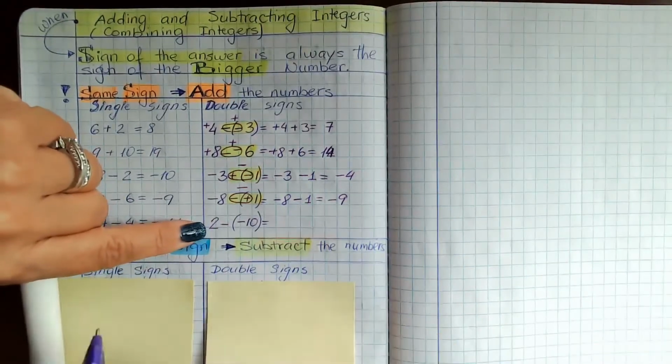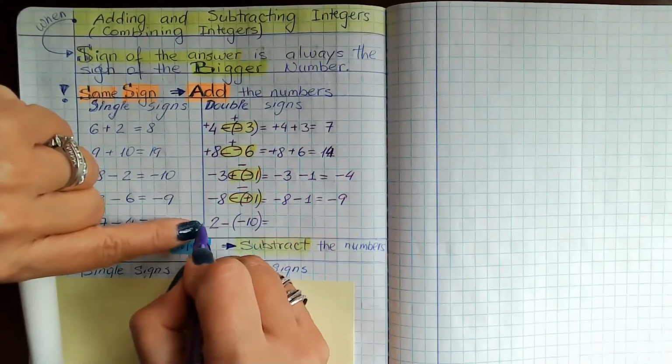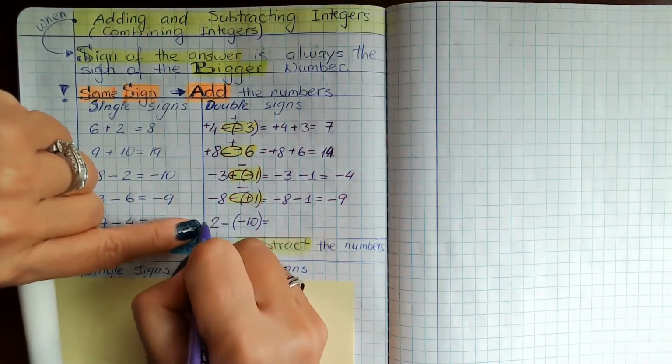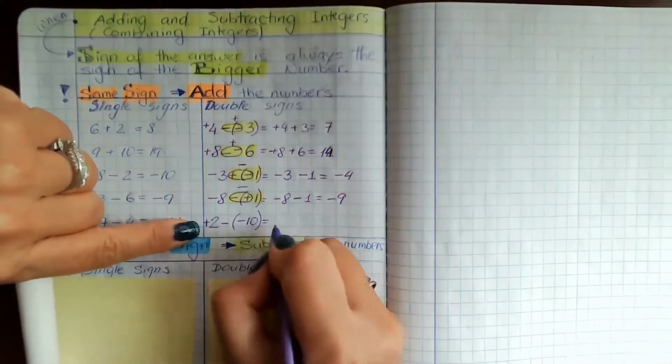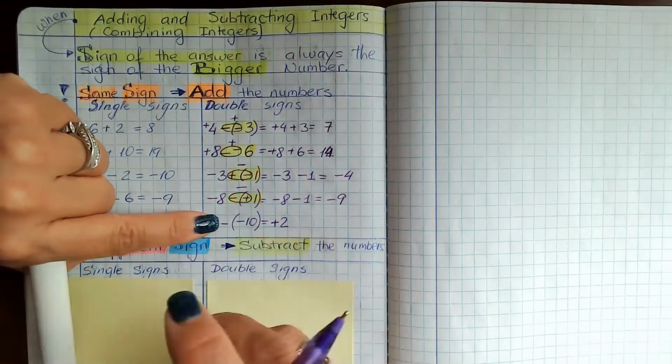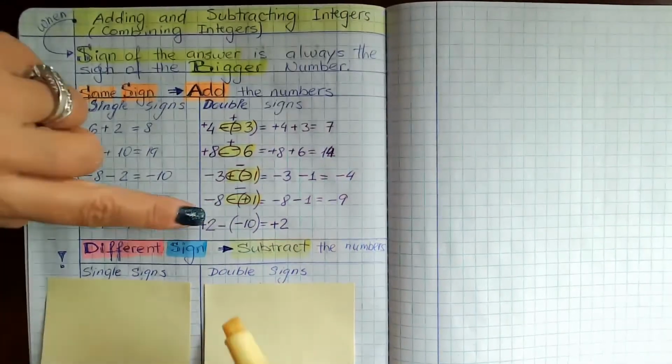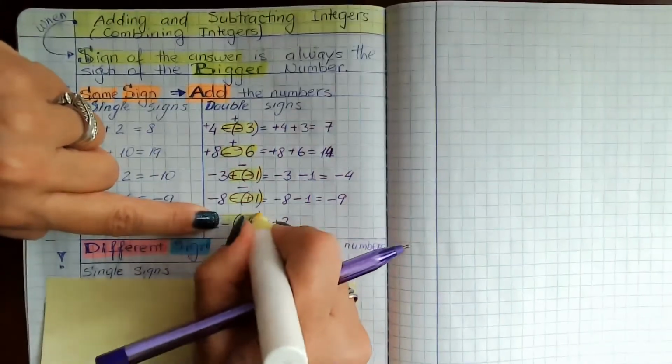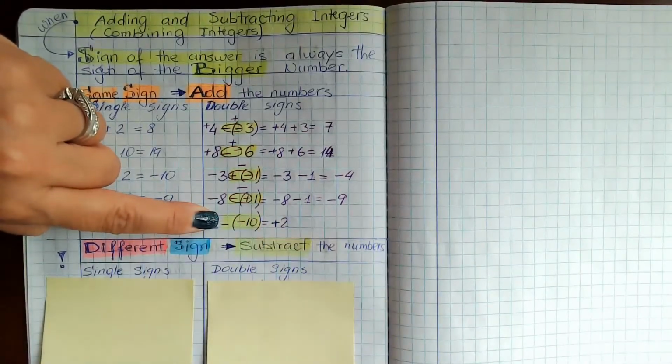So let's look at this one. 2 in front has no sign. That means it's positive. 2 is positive. Rewrite positive 2. Covering the 2, we have minus minus 10. Minus minus 10 is not good. That's a double sign involved.